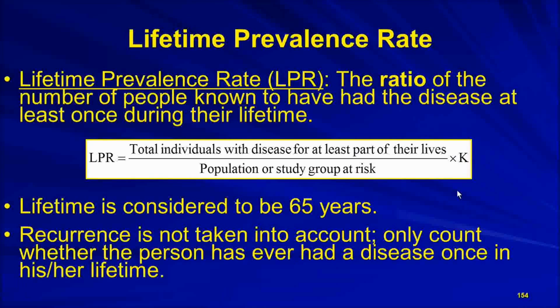Now we could change in the formula what is considered to be a lifetime and take people into account who are older than 65 years of age. Recurrence is not taken into account. We only count whether the person has ever had a disease once in his or her lifetime. That's one time. Okay?